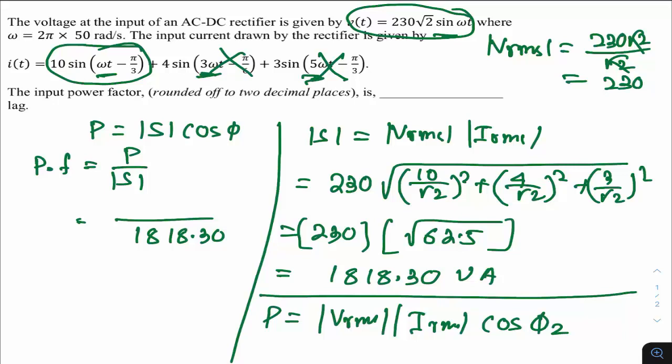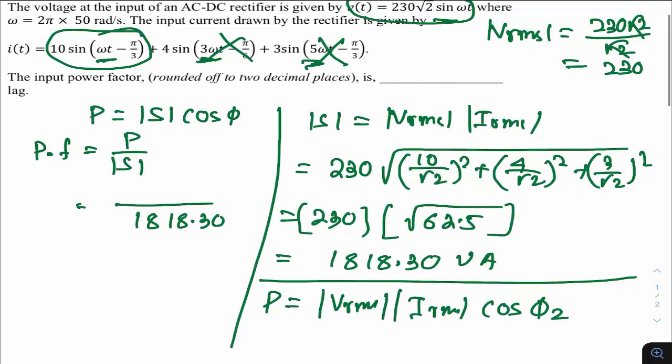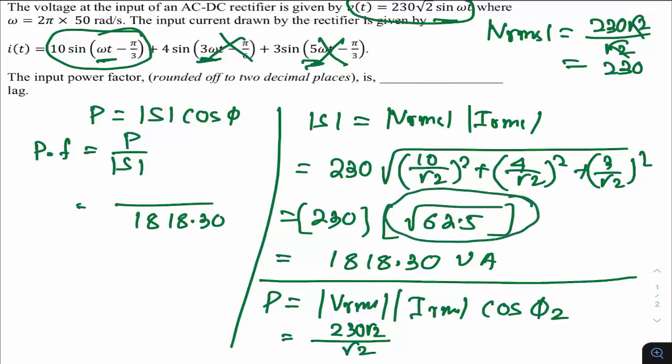So while substituting into this formula, magnitude of V RMS is 230 root 2 divided by root 2. And when I say I RMS, it is not the total I RMS. Don't think that this is the I RMS we have to substitute. No, the corresponding frequency component is 10 here, so I am substituting its I RMS, which is 10 by root 2, into cos of phi. What is phi?